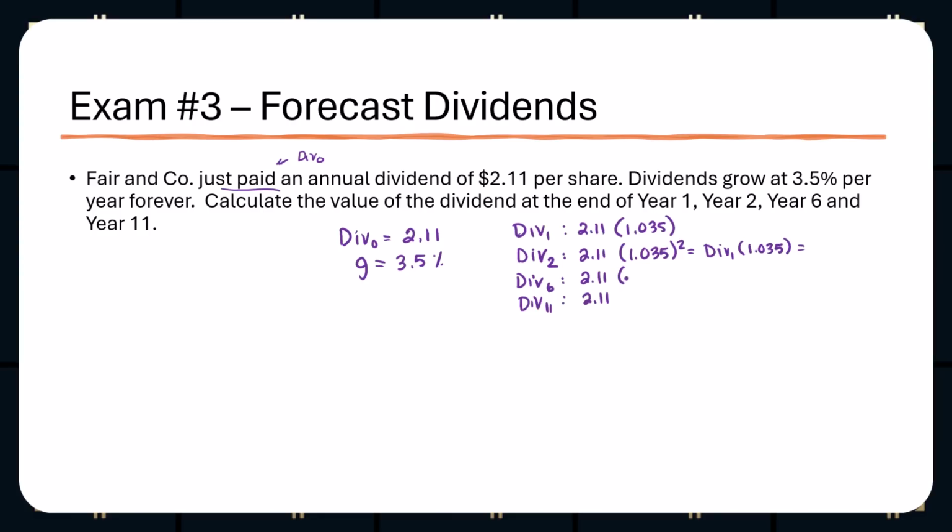For Div 6, we will multiply it by 1.035 raised to the 6th power because we're sending the time 0 dividend all the way to the end of year 6. And last but not least, we're going to find the time 11 dividend, so we will raise that to 11.